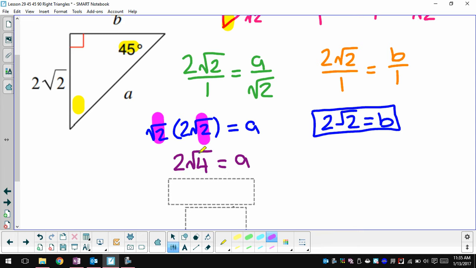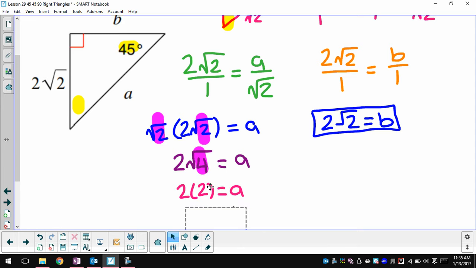So I'm just multiplying the 2's together and keeping it underneath the radical symbol. Then I can simplify root 4. As you probably know, that's 2. Up here, this was 2 times root 4, so now I have 2 times root 2, or 2 times 2, and I find out that this hypotenuse is 4 units long.